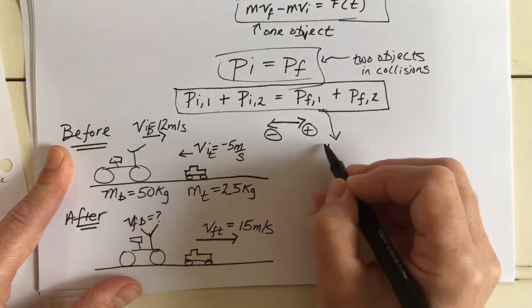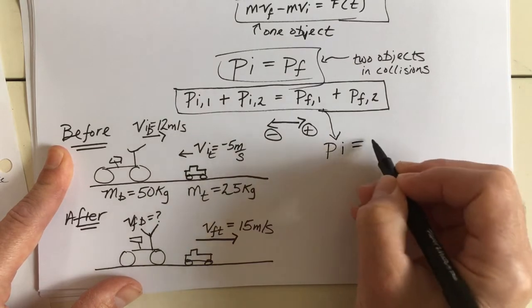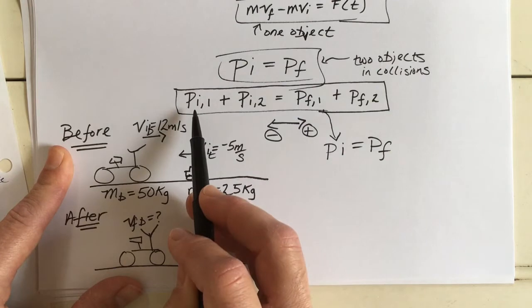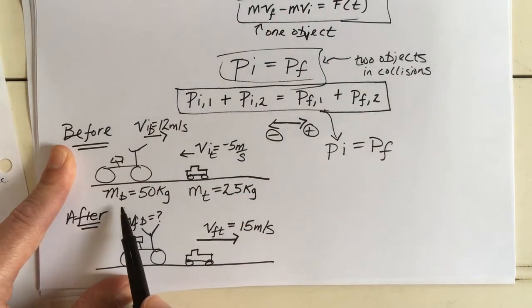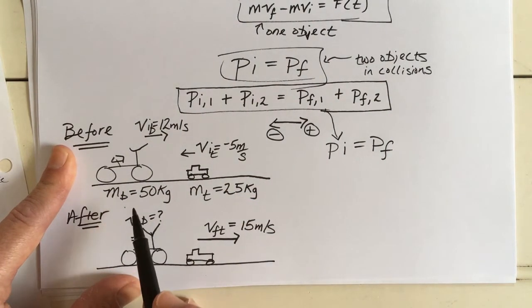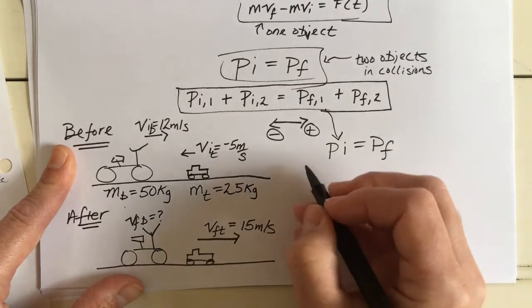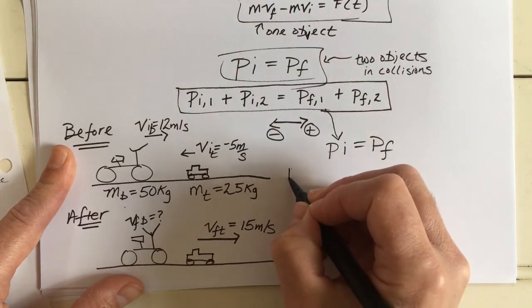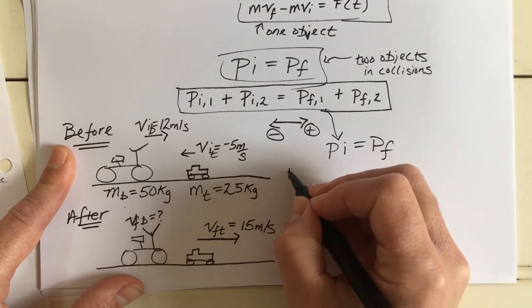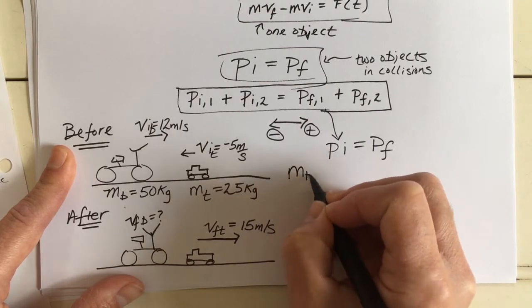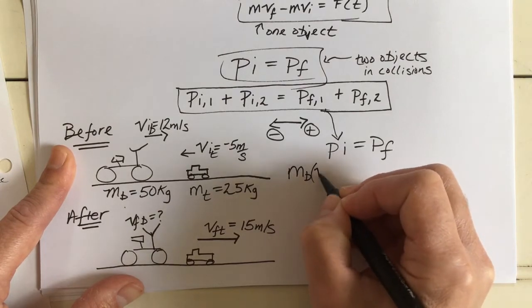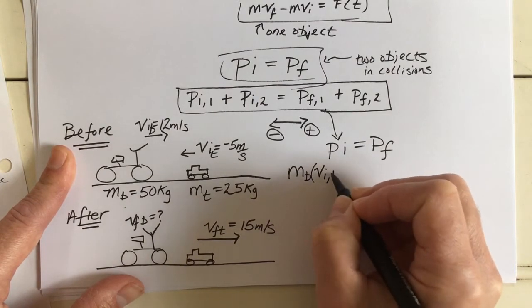All right, so we're going to go ahead and say PI equals PF. And in the momentum initial of object 1, we'll call object 1 the bike. Just make a decision there. So we're going to have MB. We have to remember P equals MV. So I'll have the mass of the bike times the velocity of the bike initial, right?